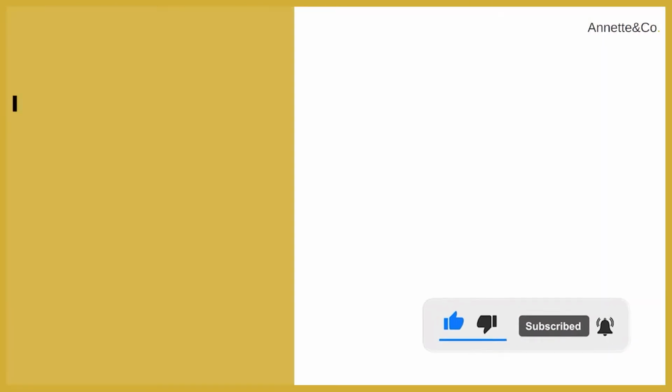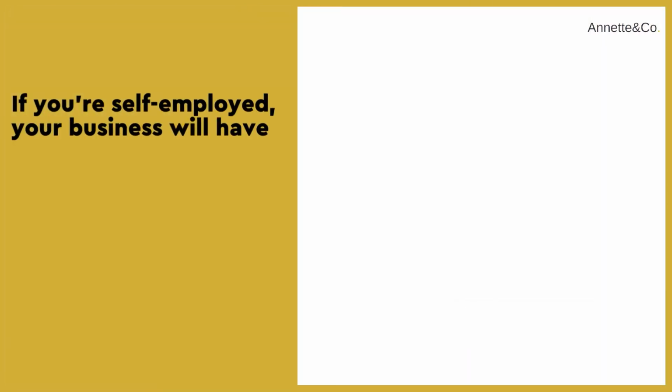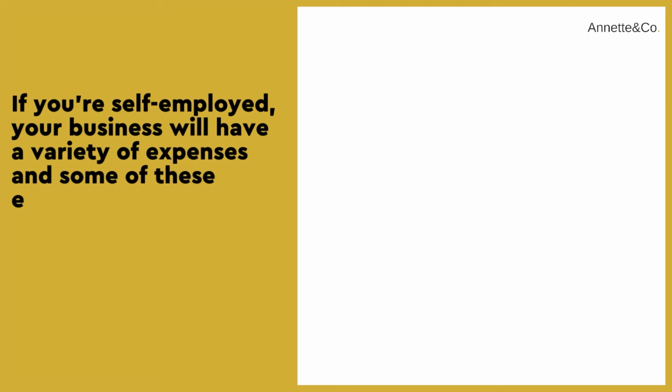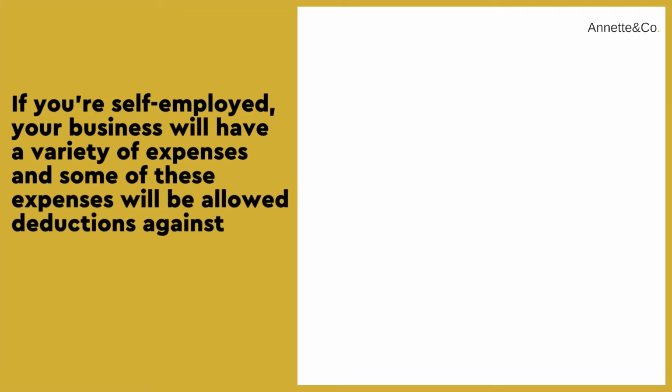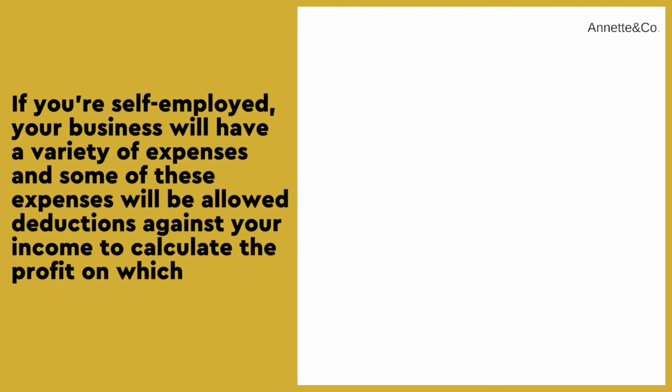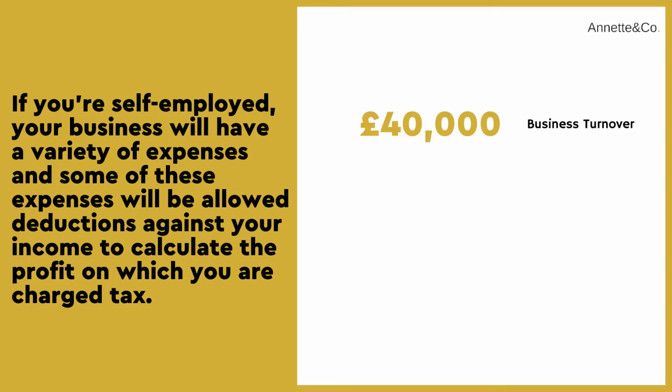If you are self-employed, your business will have a variety of expenses, and some of these expenses will be allowed deductions against your income to calculate the profit on which you are charged tax. So for example, let's say that your business's revenue, turnover, sales, all these words are interchangeable, is £40,000 a year.